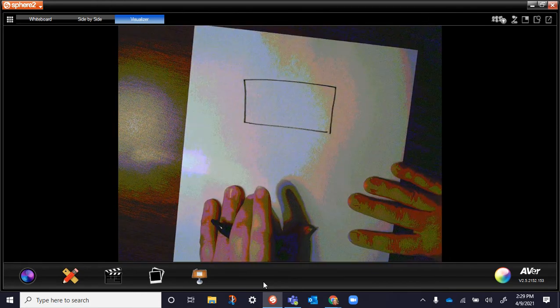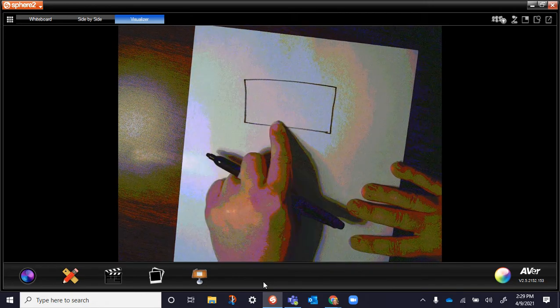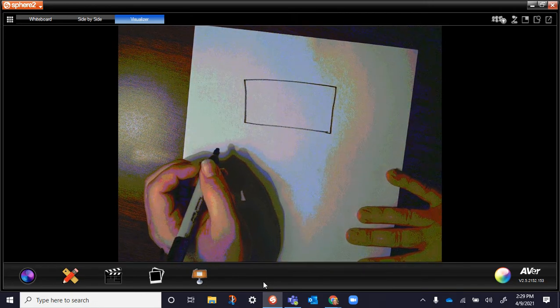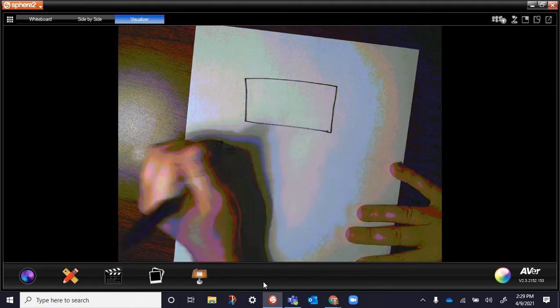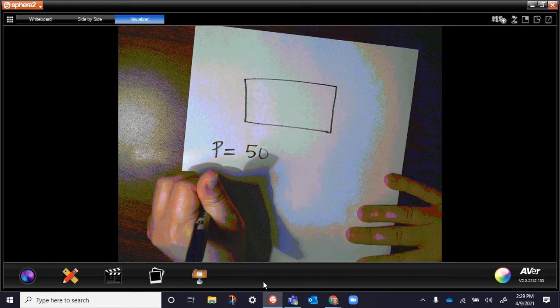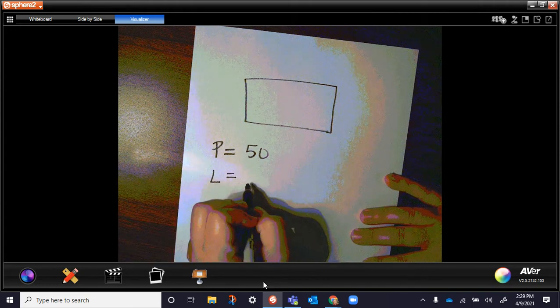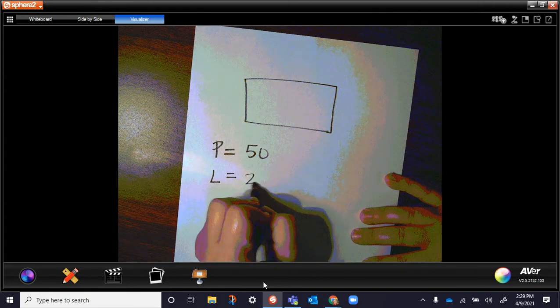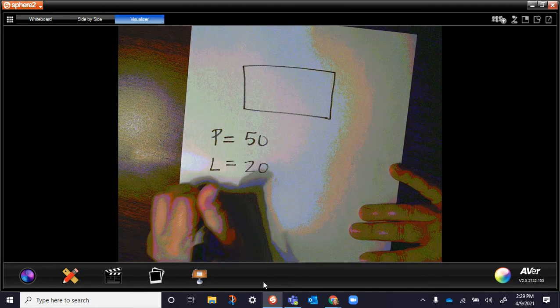And then once you get information, add it to your either square, rectangle, or whatever you're working with. So let's say they say that the perimeter is 50 and the length is 20. Okay, and I need to find the width.